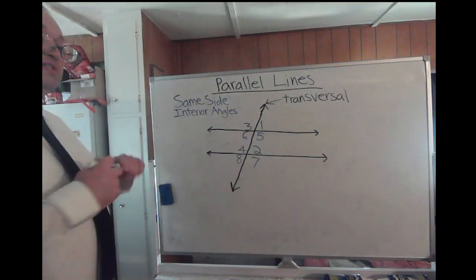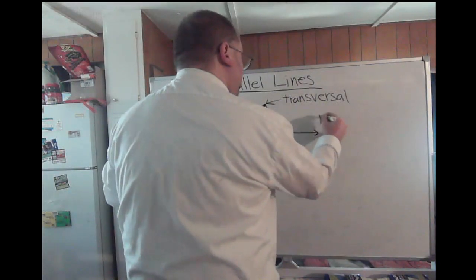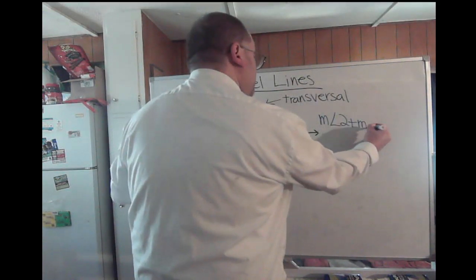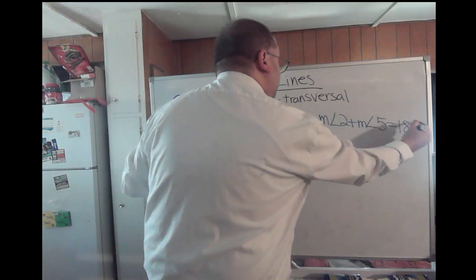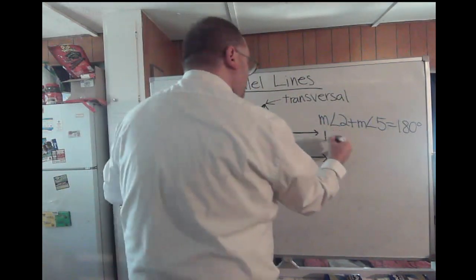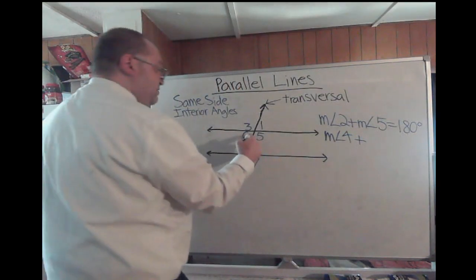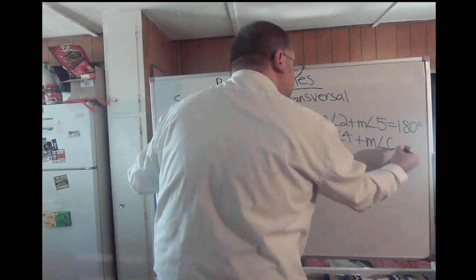Whenever you have same side interior angles, they are supplementary. They're not congruent, they're supplementary. So the measure of angle 2 plus the measure of angle 5 equals 180 degrees. Then the measure of angle 4 plus the measure of angle 6 equals 180 degrees.